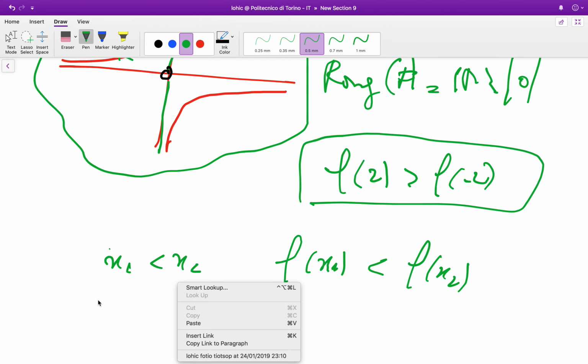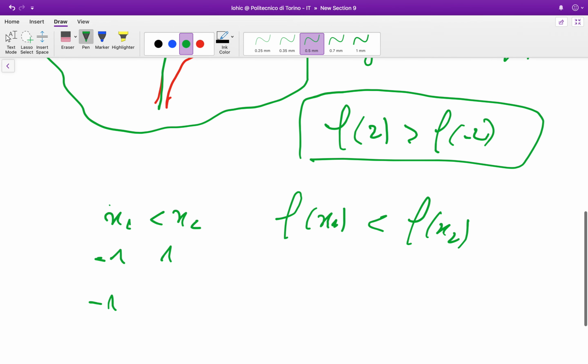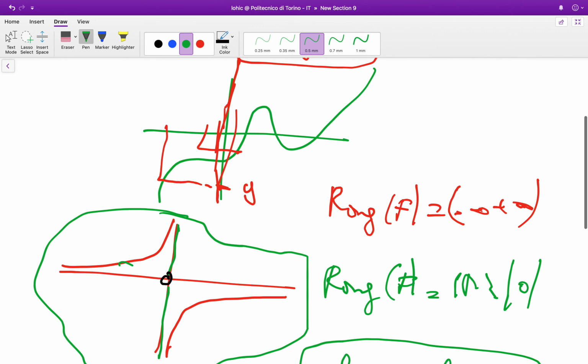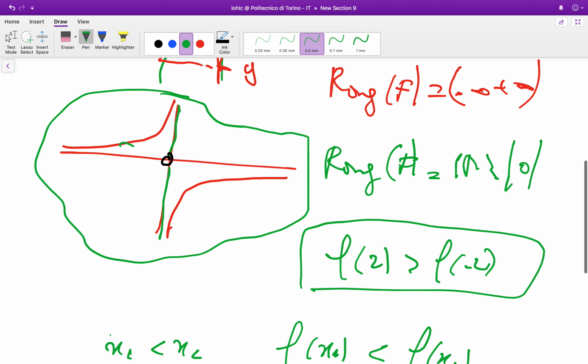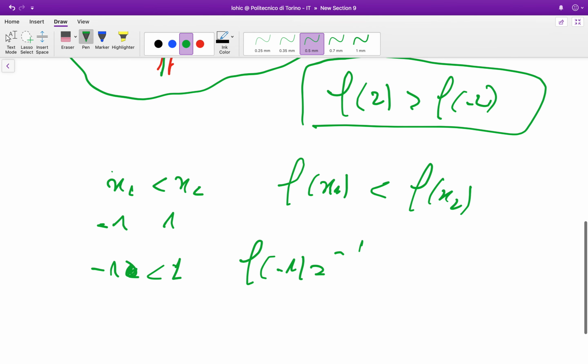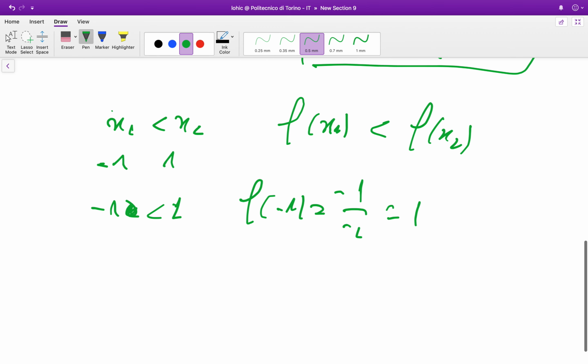But in our case, if I take, for example, minus 1 and 1, you agree that minus 1 is smaller than 1. But if you do f of minus 1, you will get minus 1 over minus 1, which is 1, right?